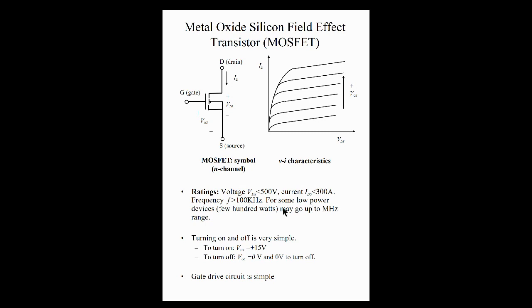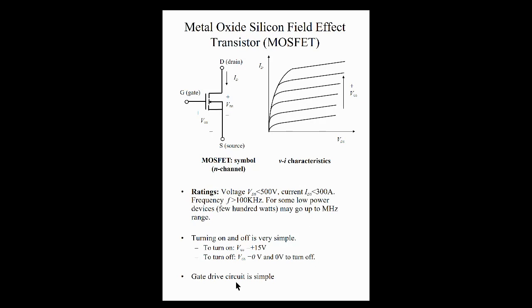However, the power is very low, right? It can go as low as just a few 100 watts, and it goes up to megawatts. So for low power, high frequency applications, your MOSFET is a preferred device.